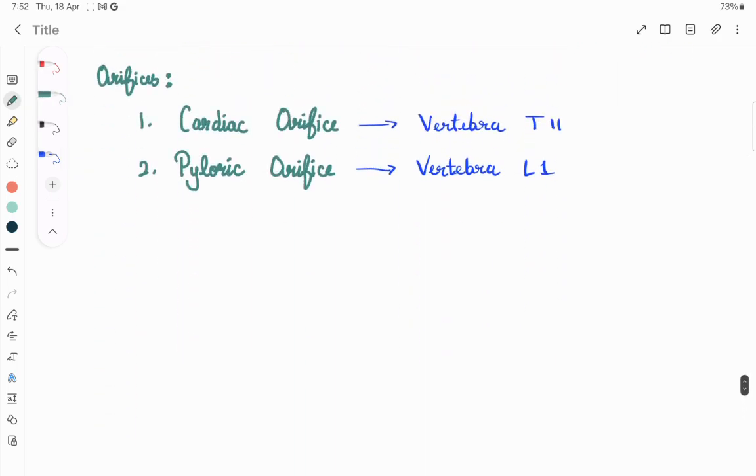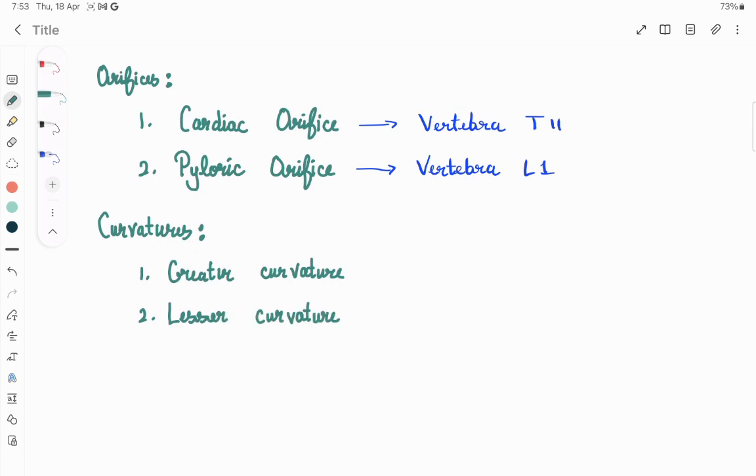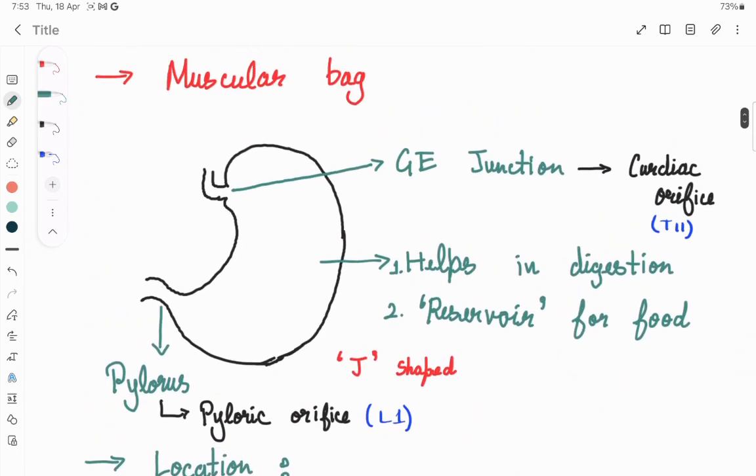Next we have two curvatures. After orifices, let us discuss curvatures. Number one, greater curvature, and the lesser curvature. In the diagram let us mark it.